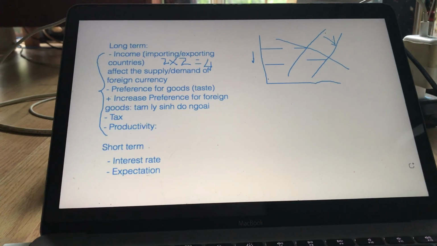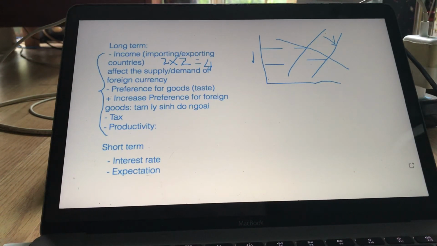Teacher, I have a question about the preference for goods. Who is the importer and who is the exporter in this case? Because we have the exporter and importer, right? Just suppose that we have Vietnam and the US, a two-country model, and we have the preference.